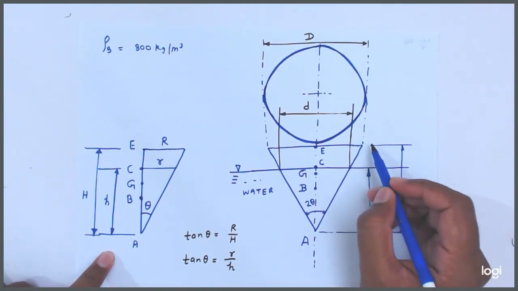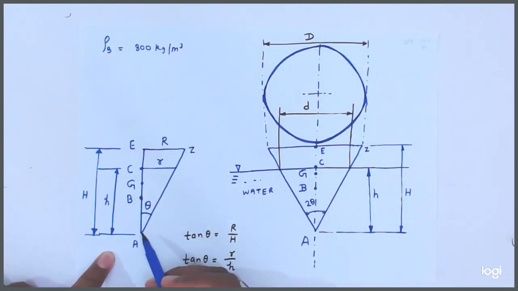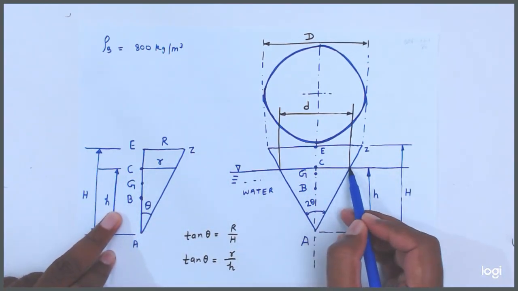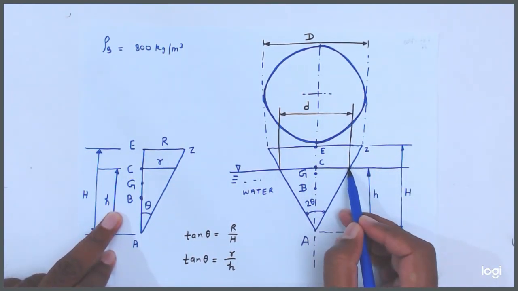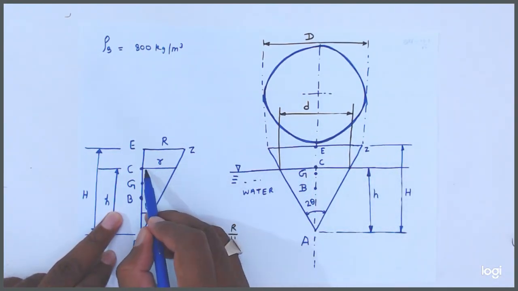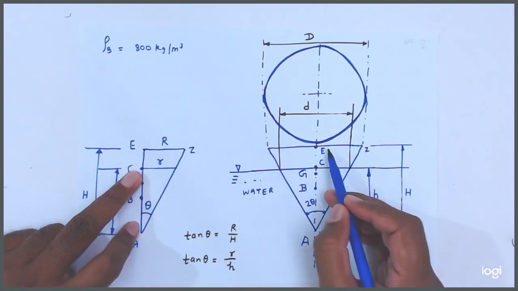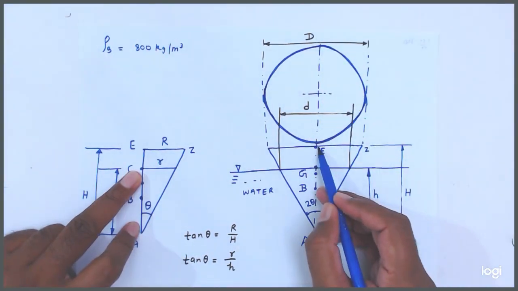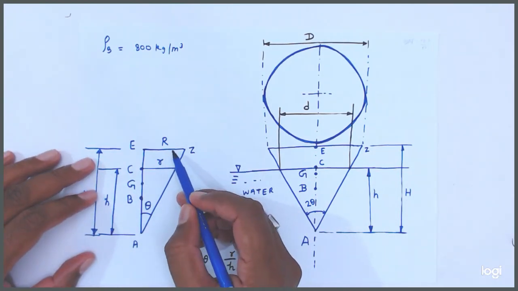Suppose this is Z. Now friends, in triangle AEZ, at the liquid surface the dia is small d, so the radius at the liquid surface is small r. Capital R is the radius at the base, whose dia is capital D. We are denoting it like this.